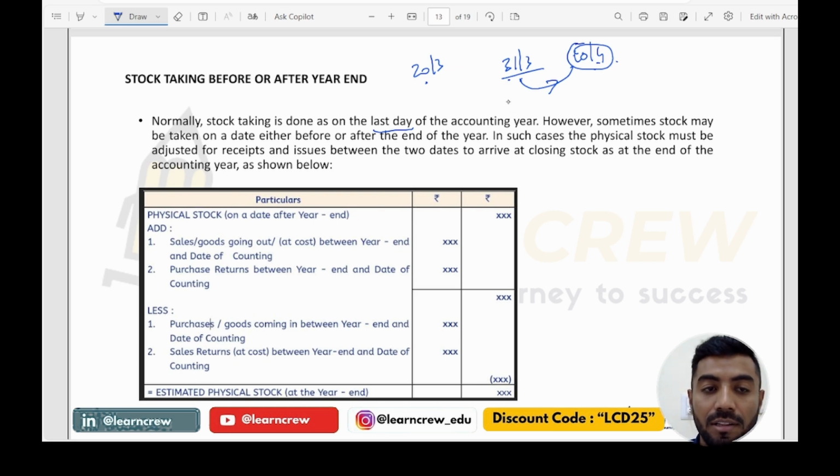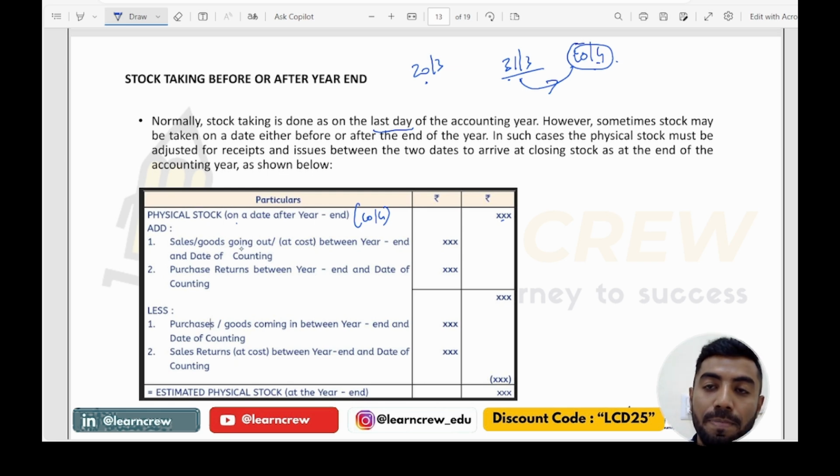So what is the calculation? Say, for example, this is the format. Physical stock is given on a date after your year end, at 10/4. Here what do you do? Add sales or goods going out.